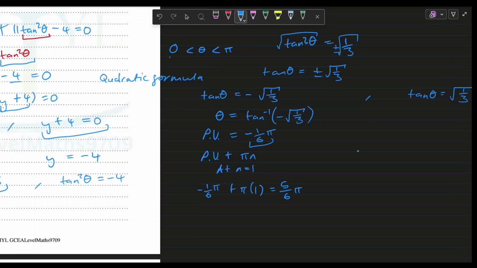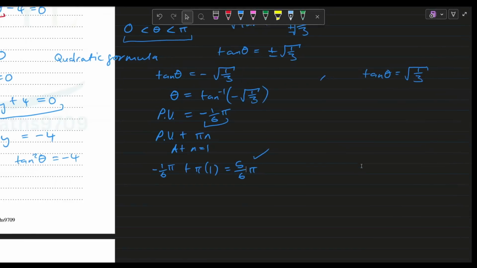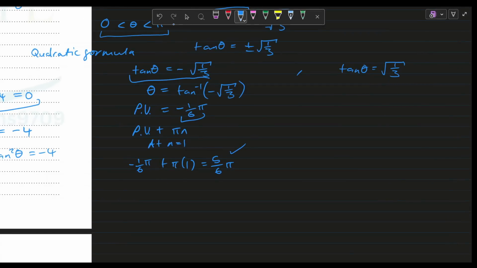And is 5/6 pi within this interval? Yes, it is. So this is going to be one of our solutions. If you check n equal to 2, you're going to get a solution that's outside the interval, but you're welcome to check it. So this 5/6 pi is the only solution we get from this equation.